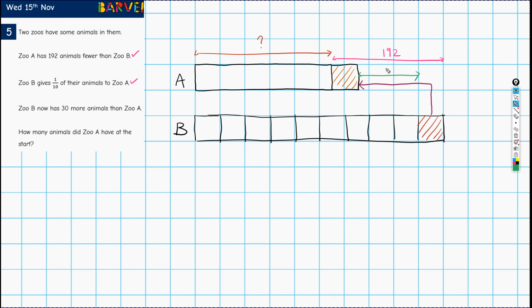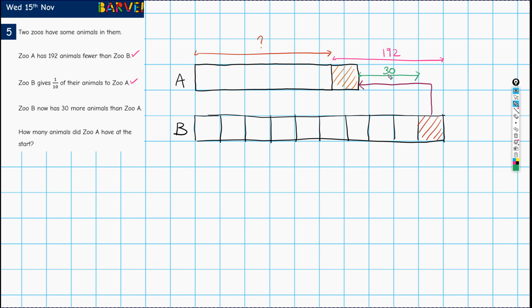That gap is 30. Now, hopefully what you can see is that this 192 has been divided up into these two equal parts. Each of these two equal parts is equal to 1/10 of B. So these two equal parts and 30.